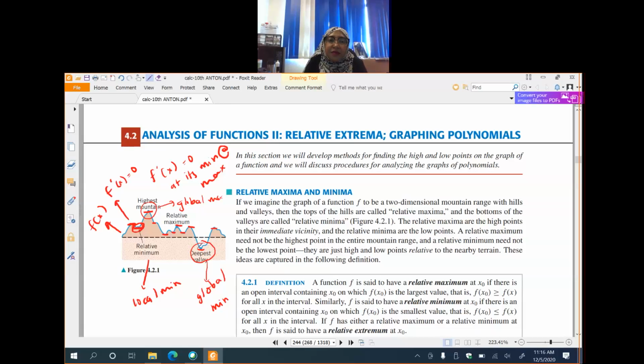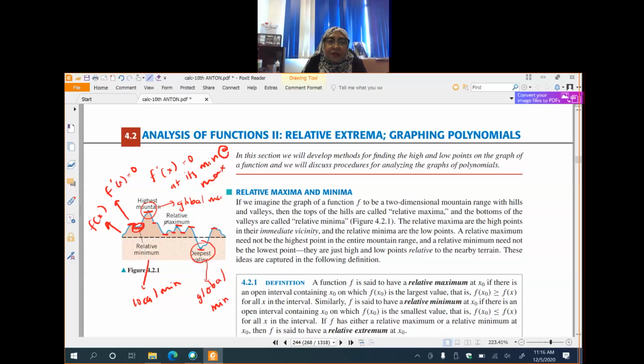But we still have several values when f prime of x is equal to 0. It will be 0 whenever it is either local minimum, local maximum, or global minimum or global maximum. The local minimum is called relative minimum. When we say relative, it means just amongst this neighborhood.